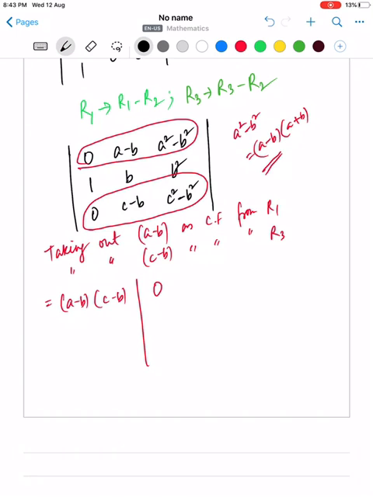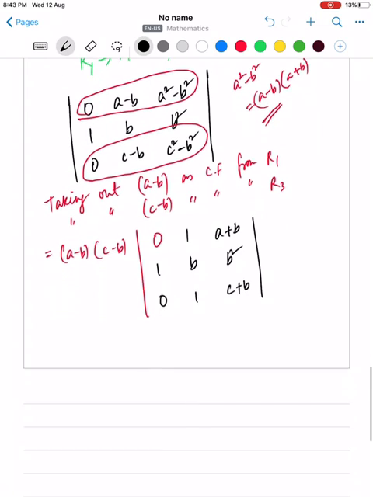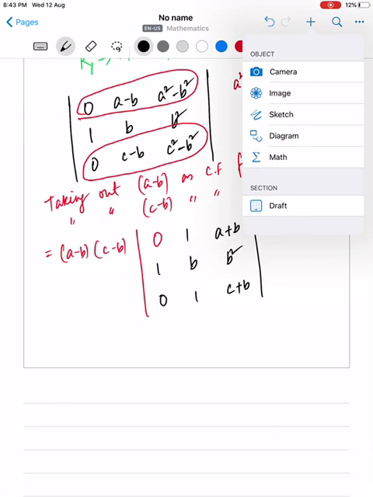Tell me one by one. What do you get? 0, then 1, then A plus B will remain the same. Then 0, 0, 1, then C plus B.